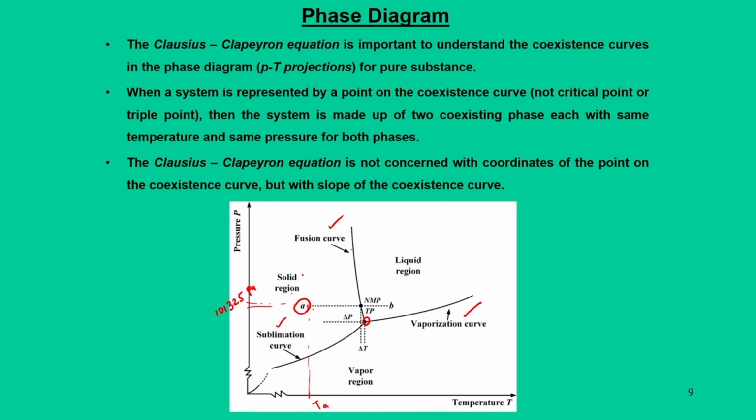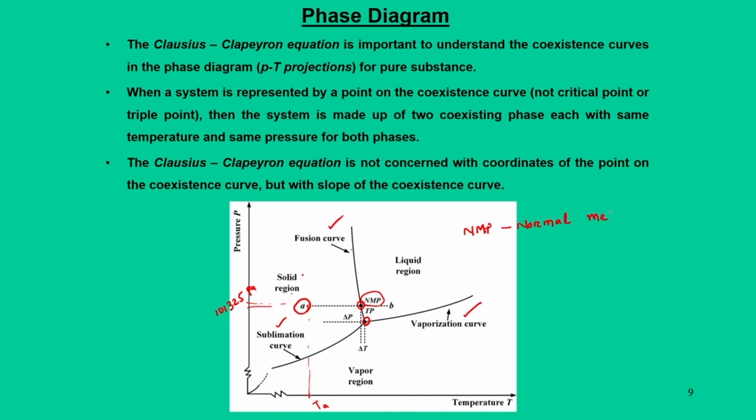If you keep on heating this ice, slowly we will be moving towards the fusion curve, and we will arrive at a point which is called the melting point. Here I will refer to it as the NMP, the normal melting point.